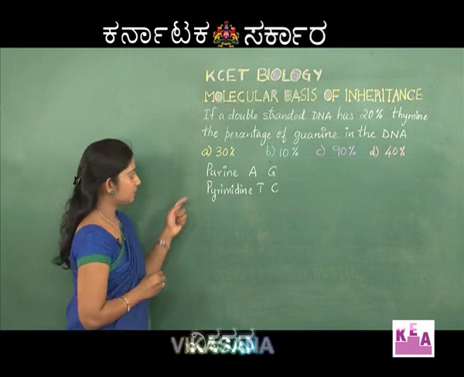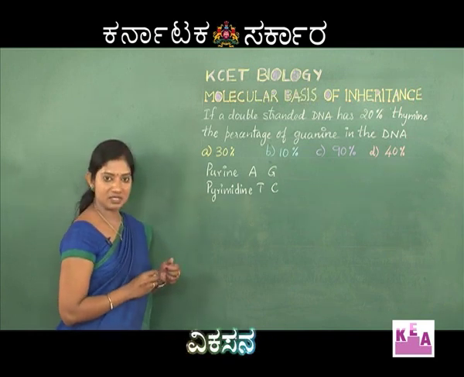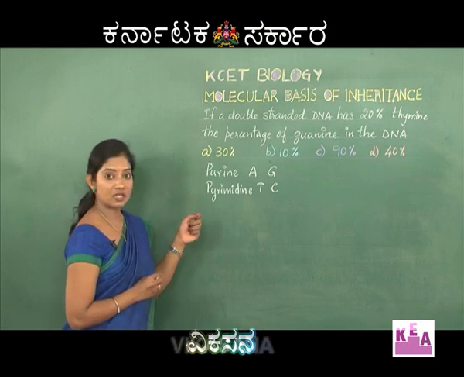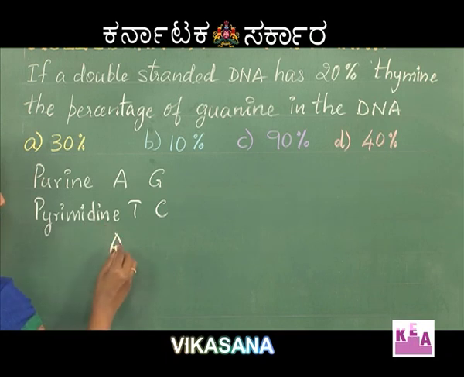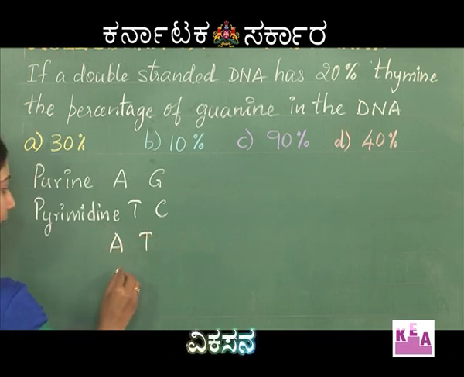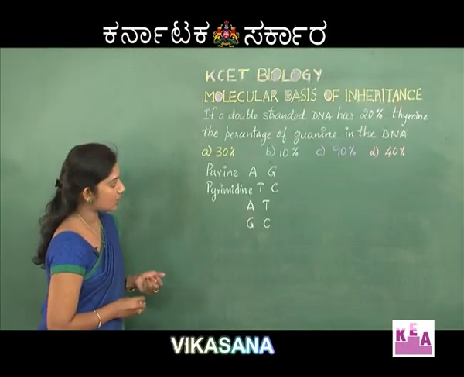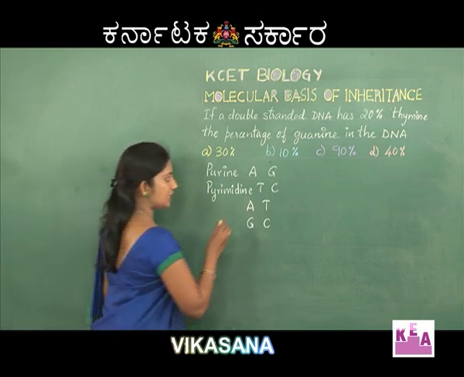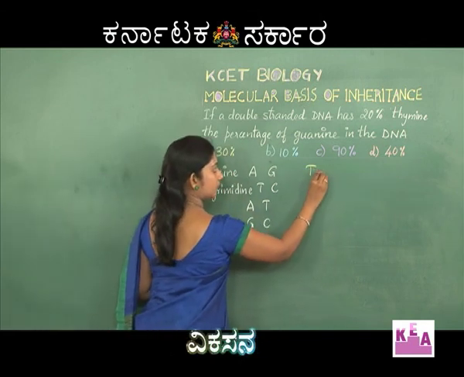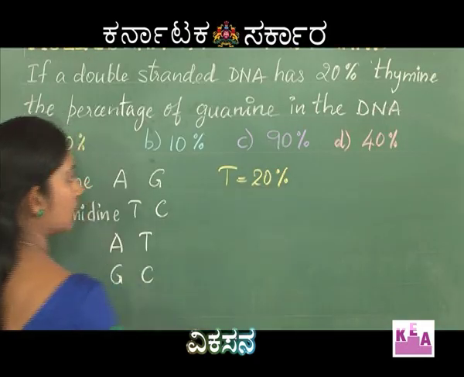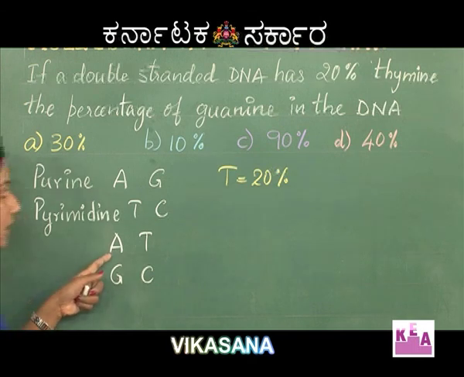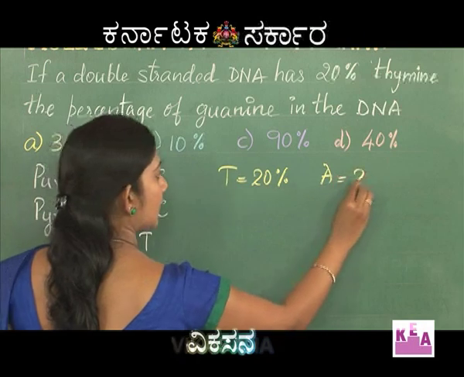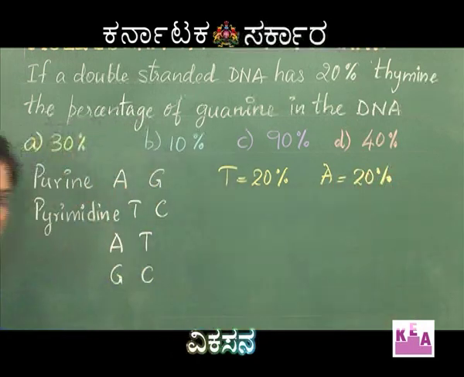According to Chargaff's rule, purine always pairs with pyrimidine, and the base pairing is very specific: A always pairs with T and G always pairs with C. Here the percentage of thymine given is 20, so the percentage of A has to be 20.